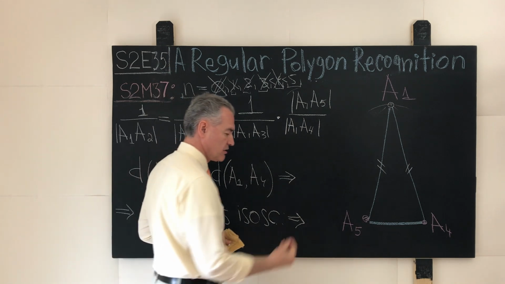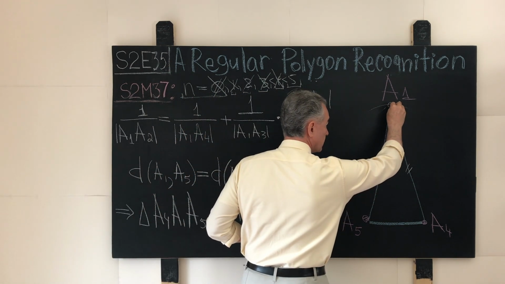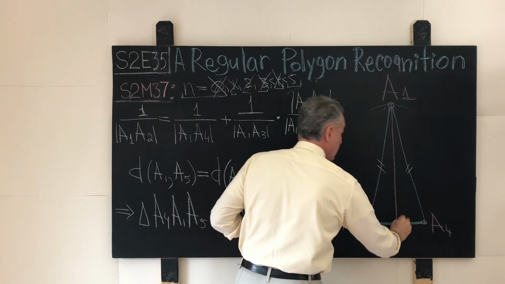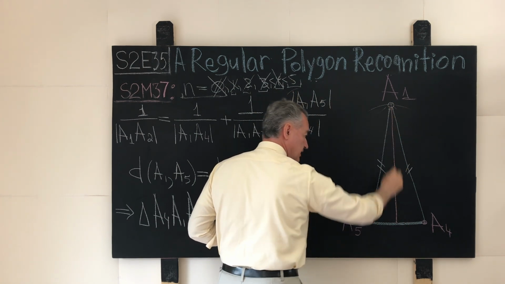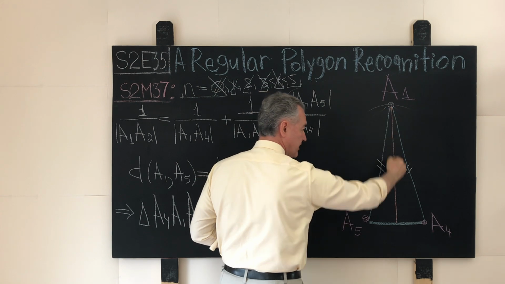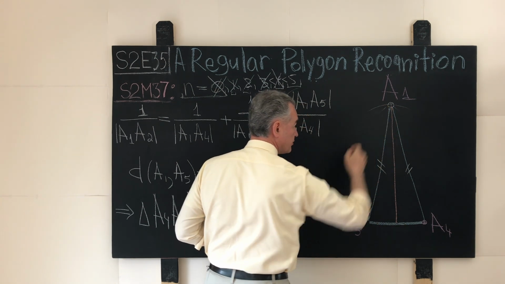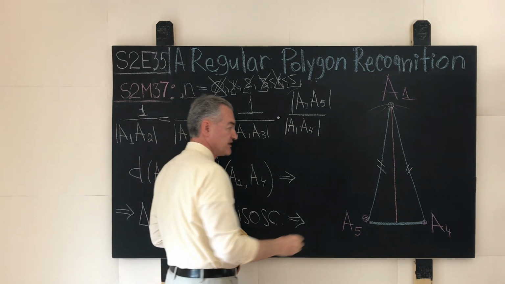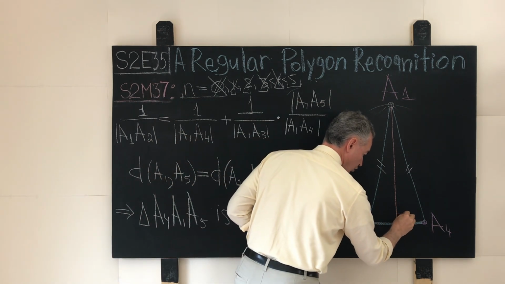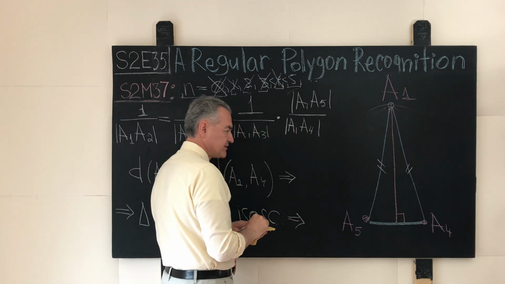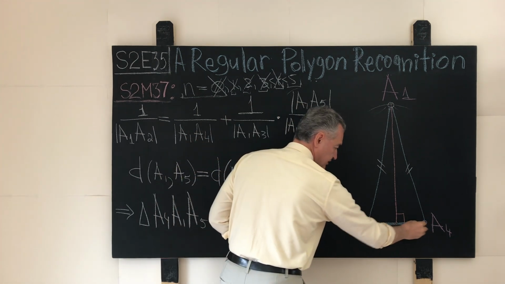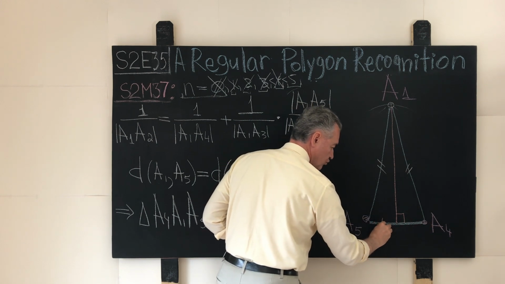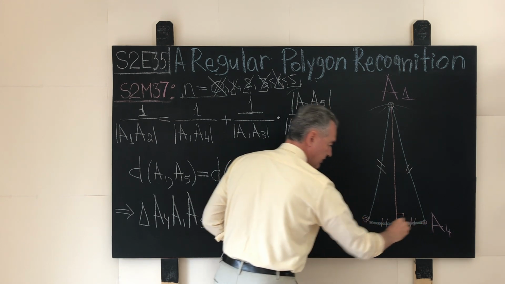The height, the median, and the angular bisector that emanate from the point A1 all coincide, all coalesce into one object. But that means that the height, that is also the median, cuts the base of this isosceles triangle, the line segment A4, A5, into two equal parts like so.